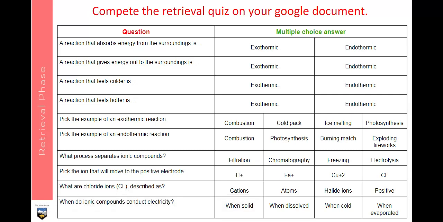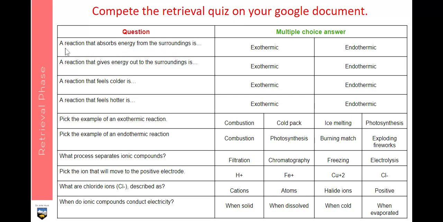So, on your student worksheet for today that you've been assigned, I would like you to complete the retrieval quiz as you would at the start of every lesson. So, pause this lesson video, go to your tab where you've opened up your student worksheet, and highlight your multiple choice answer for the retrieval quiz question.